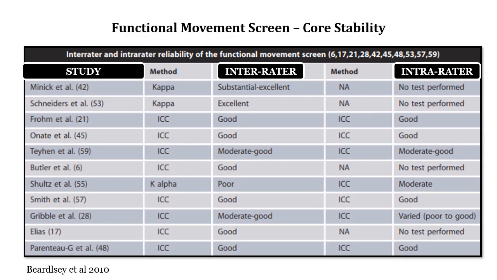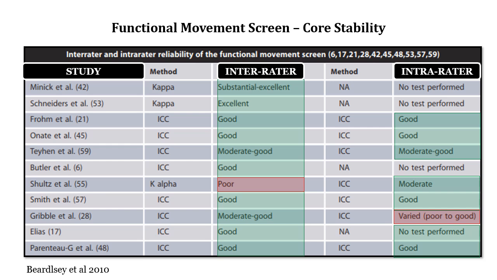So when you look at a systematic review of the psychometric properties and the reliability of the FMS, you can see consistently that there's good to excellent inter-rater reliability, and intra-rater reliability has also been shown to be good to moderate.